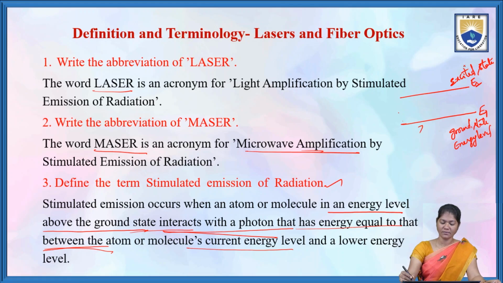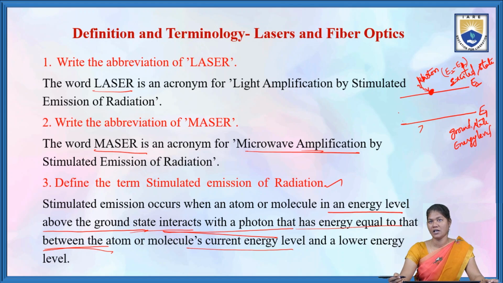So here, when an atom in the higher energy level interacts with a photon, which has energy equal to the difference between the two energy levels, that is, energy E2 minus E1, then it transits to the lower energy level by emitting two photons.